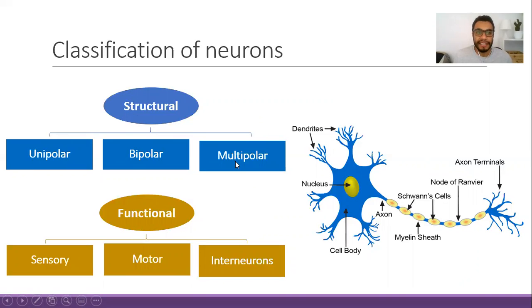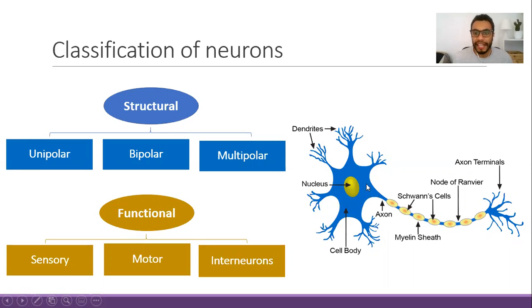But I could also mention that there is another classification, which is called anaxonal. We will not go into further detail on this type because it is a neuron that lacks the axon, and it is very specific to the central nervous system, to some areas related to the senses.